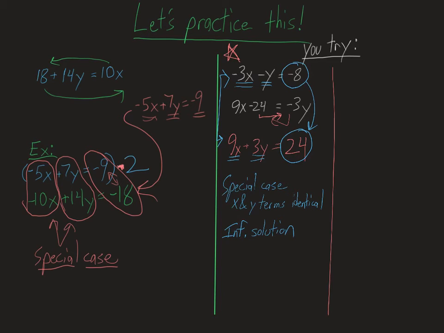Now, if you didn't see that or you weren't tracking with me fully, totally okay. You can just solve it the way you know how, and it will automatically reveal to you what it is, okay? Notice here, I'll just move that guy over so that I can just use substitution.